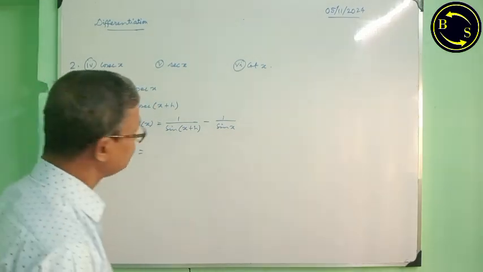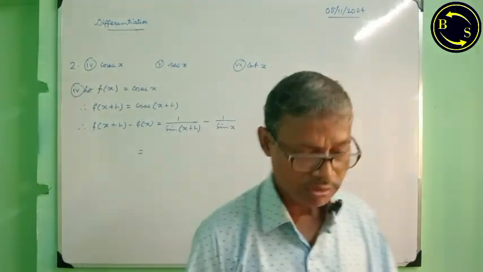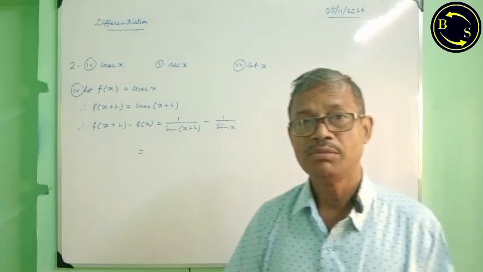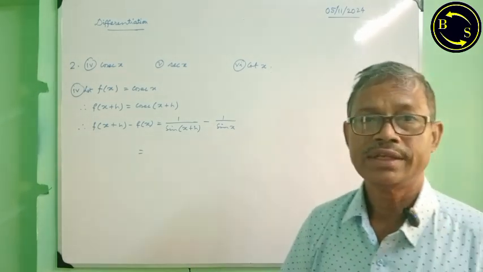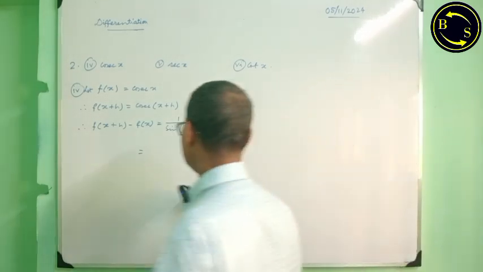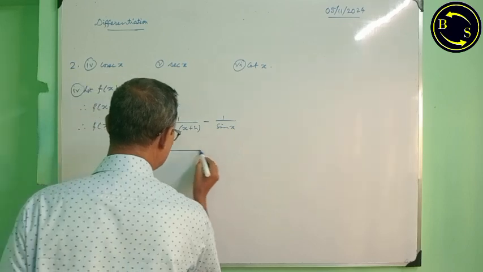Why we have taken this way? Because we have to use the standard limit, limit x tends to 0, sine x by x, that is equal to 1. Now we simplify.